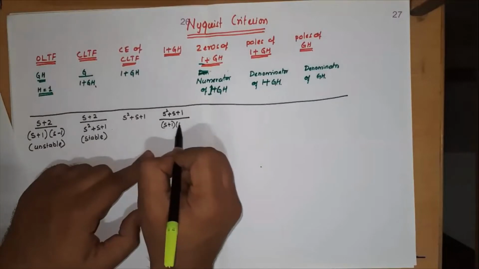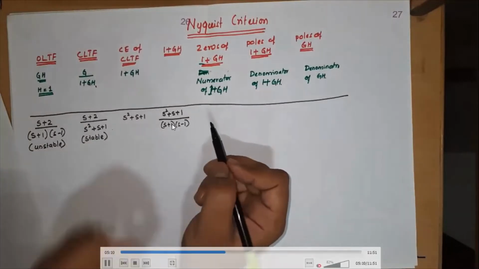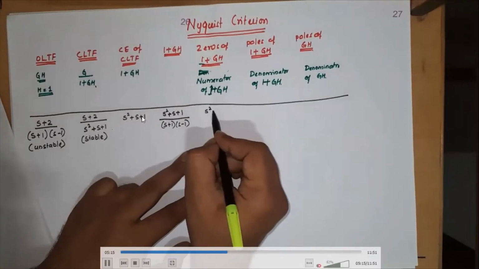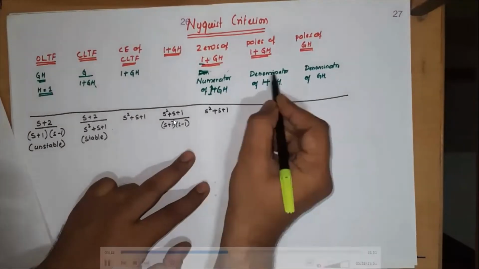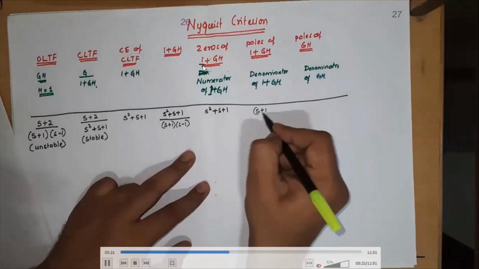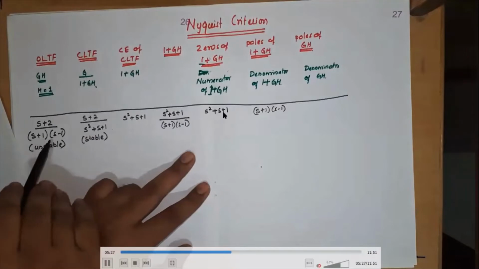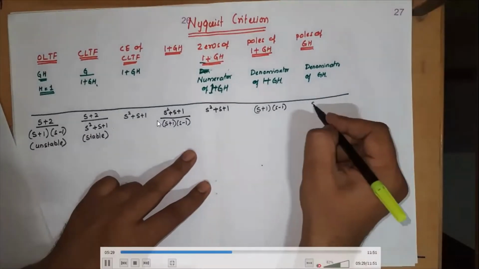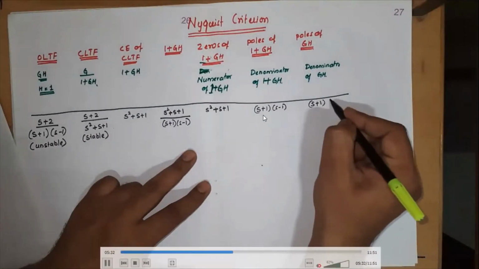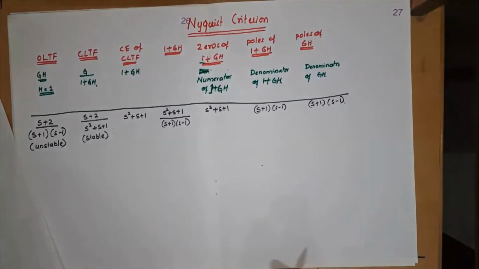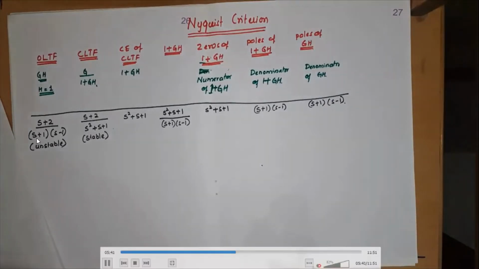So 1 plus GH is again a transfer function whose numerator is the same as the characteristic equation. We'll come to that point. Now how do you get zeros of 1 plus GH? It is obviously from the roots of this. And what are poles of 1 plus GH? It is the denominator of 1 plus GH. Poles of GH is just the denominator of the GH part.